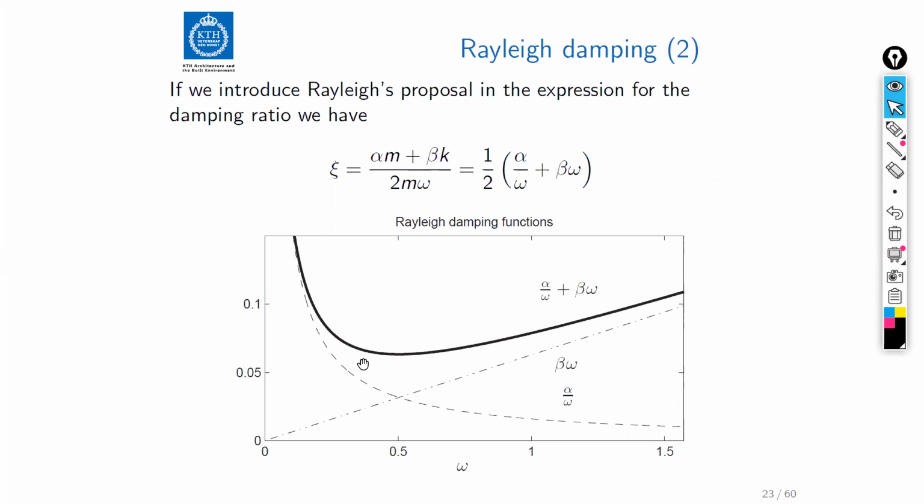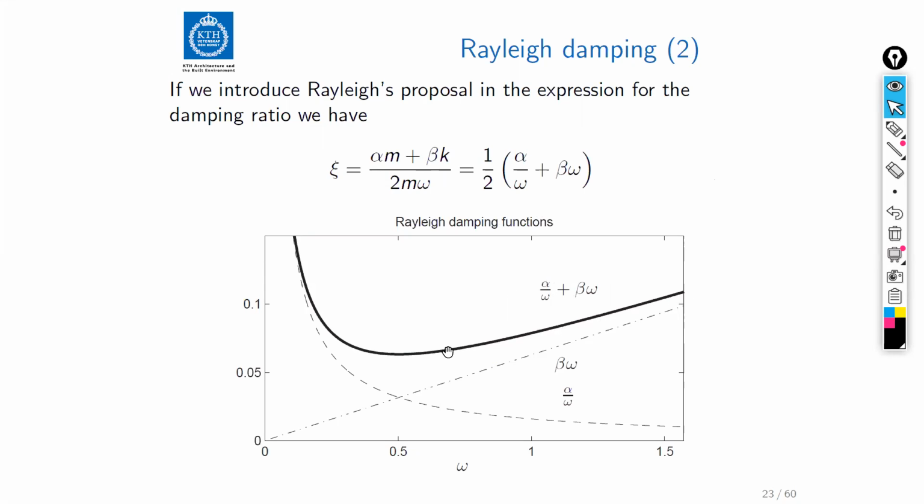So it's the one that gives us this hyperbolic behavior here. And the stiffness proportional term is the one governed by beta, and it's this linear function. And then the total damping obtained from the Rayleigh damping model is given by the weighted sum of those two functions.